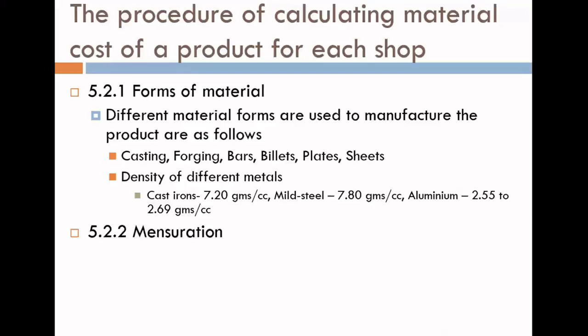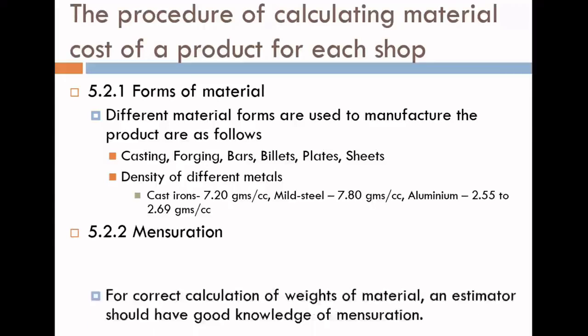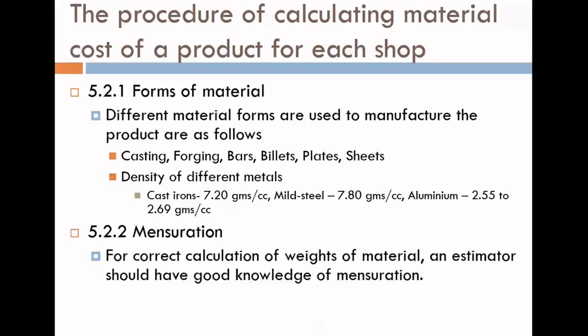The next point is the mensuration. For the correct calculation of the weight of material, an estimator should have good knowledge of the mensuration. With this knowledge, an estimator calculates areas, volumes, weights, and the cost of the material. Therefore, careful study of the mensuration is essential.